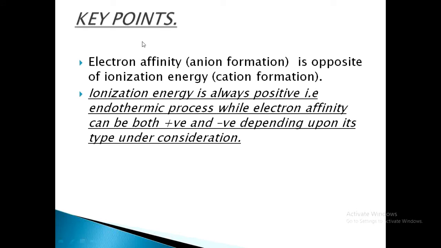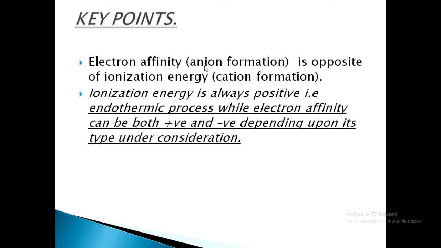Key points relevant to electron affinity: electron affinity relates to the energy that is either lost or gained during anion formation, while it is opposite to ionization energy, because ionization energy is the energy related to cation formation.